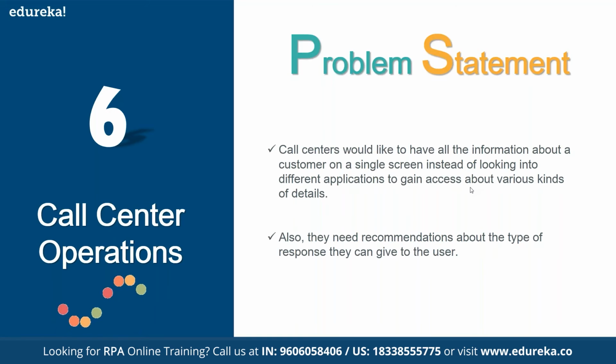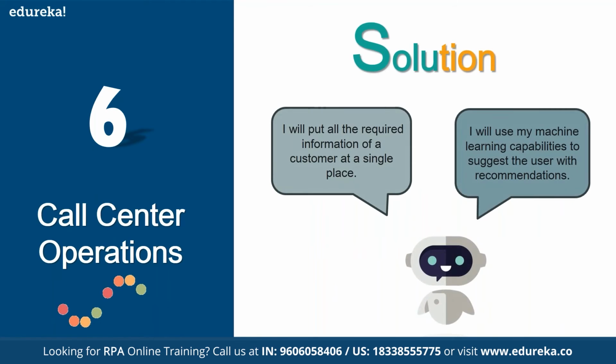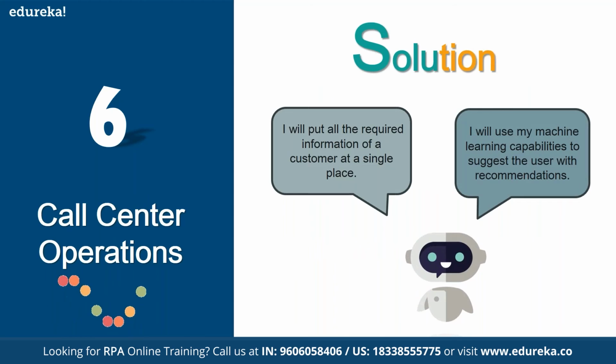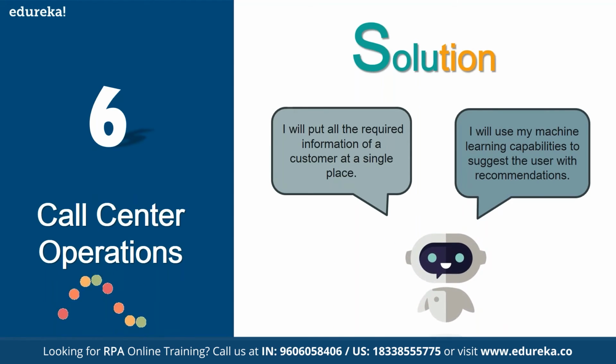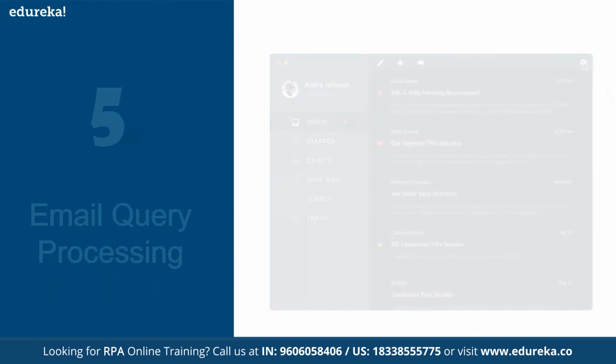Your RPA can fetch the data from different applications and flash it on a single screen so that your customer care executive can assist a customer efficiently. And your RPA is not only confined to that area, it can also give suggestions and recommendations to the customer. This is another topic. Your RPA can use machine learning capabilities to do all these things also. This is an extra thing.